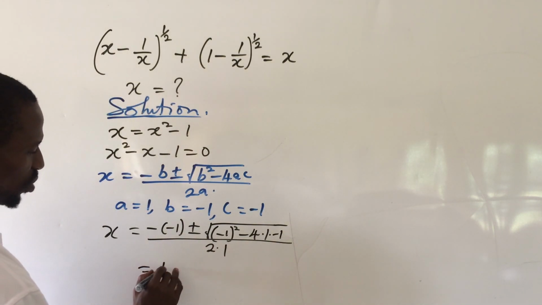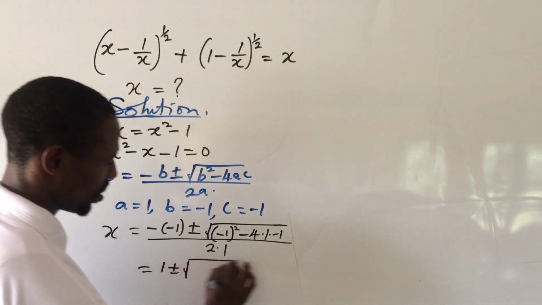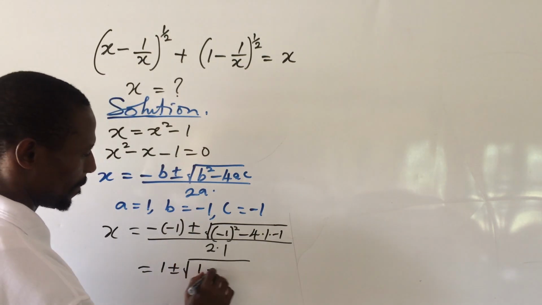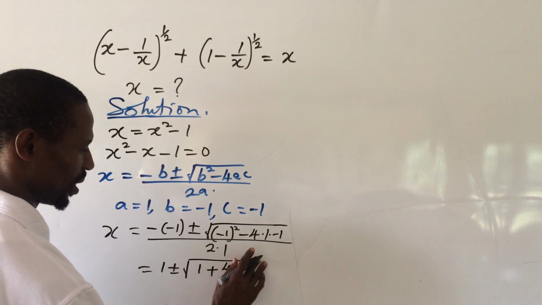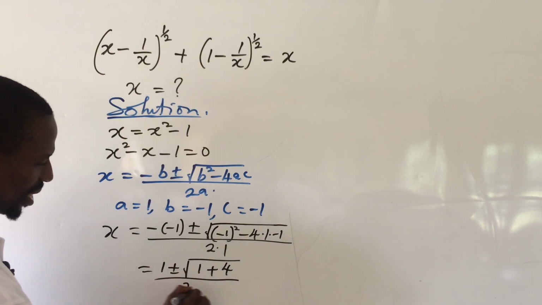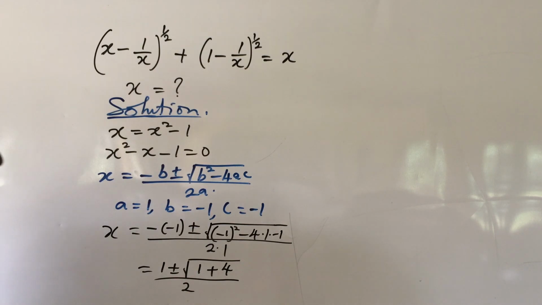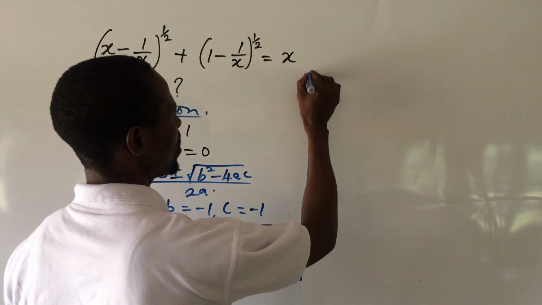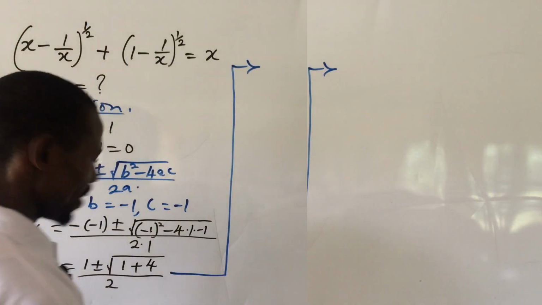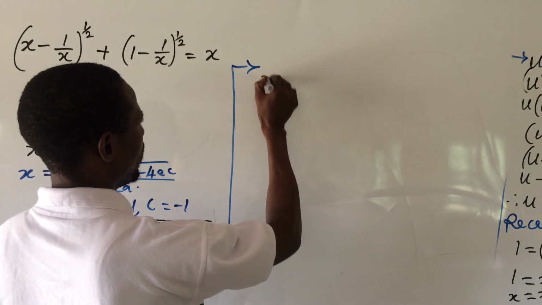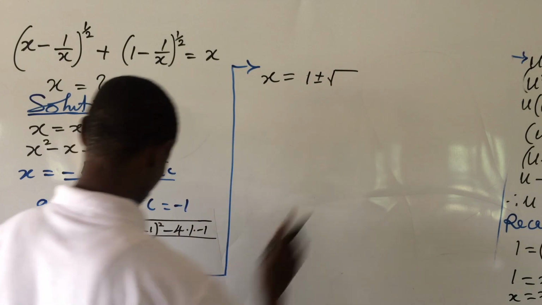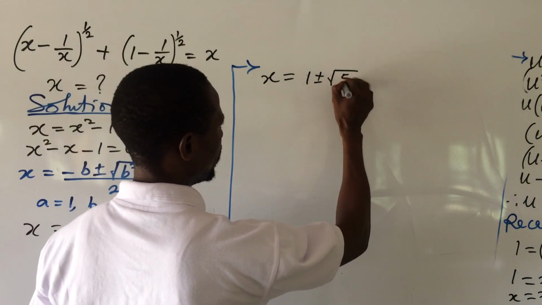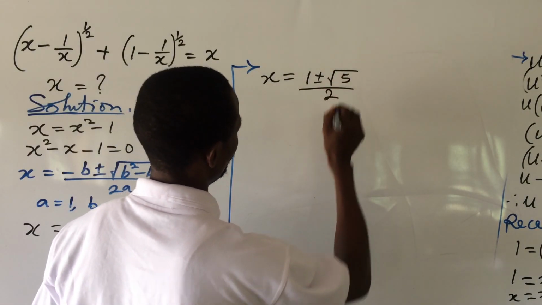So this will give us 1 plus or minus the square root of 1 plus 4, because minus times minus will give us plus, all over 2. We're almost there. So we now have x equal to 1 plus or minus the square root of 5 all over 2.